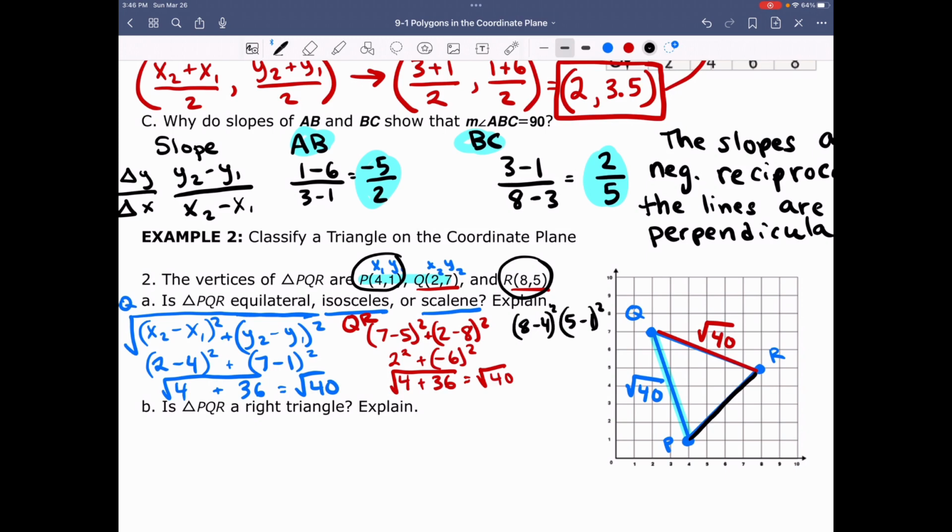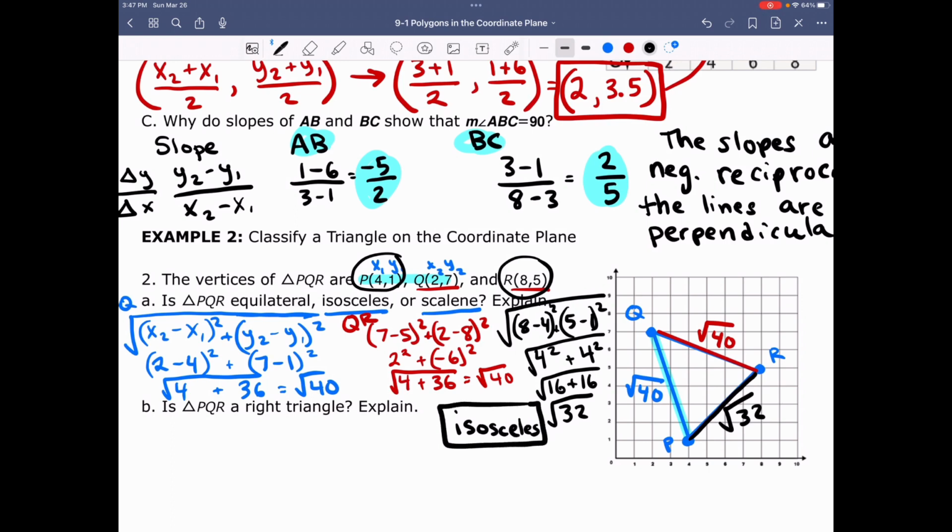Square them, add them, take the square root. 8 minus 4, 4 squared. 5 minus 1, 4 squared. 16 plus 16. That's 32. Well, the square root of 32 is not the same as the square root of 40. So that would be isosceles, because two sides are equal in measure.